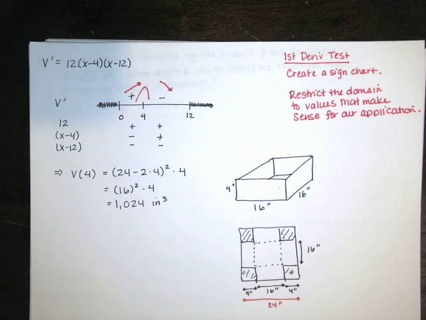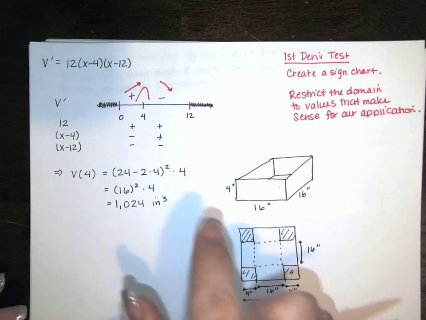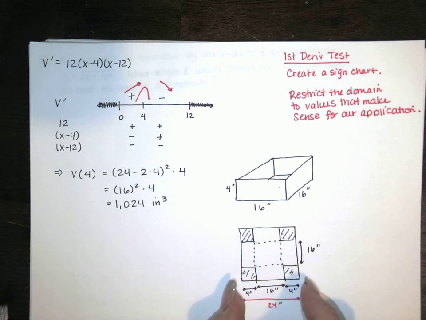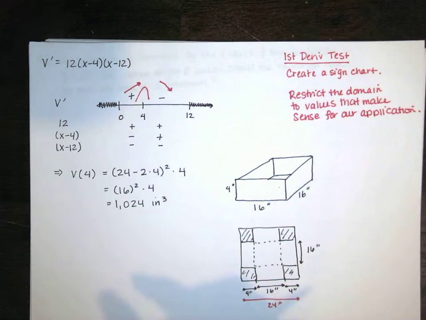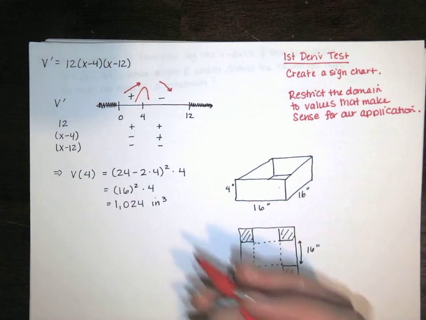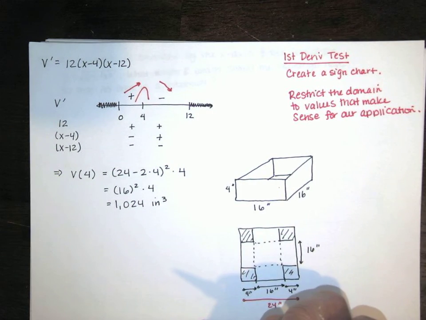And in this application, x is a length, so x has to be greater than 0, and because it's coming out of a 24-inch piece of paper, x has to be less than 12. We create a sign chart. We determined that one of our critical points corresponded to a maximum, and that was the first derivative test.